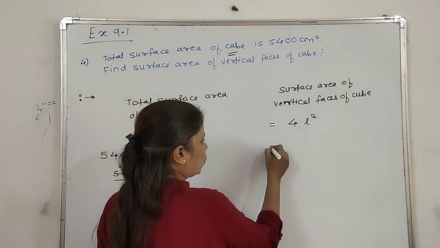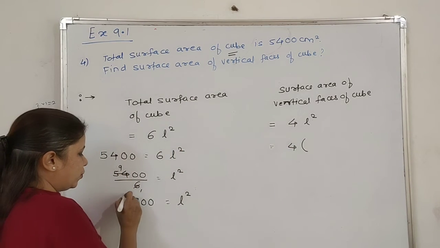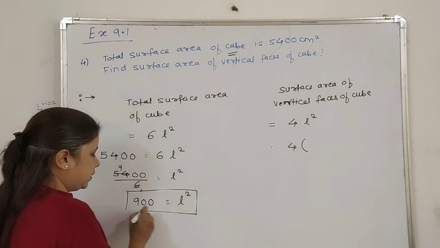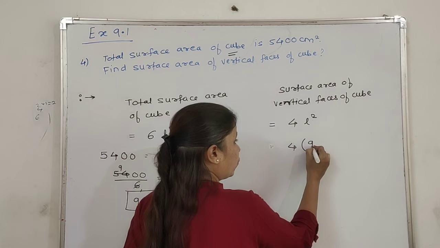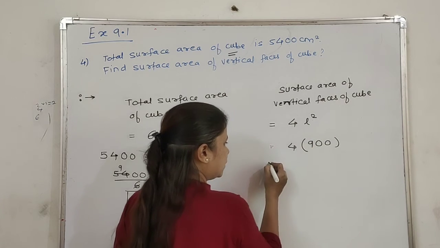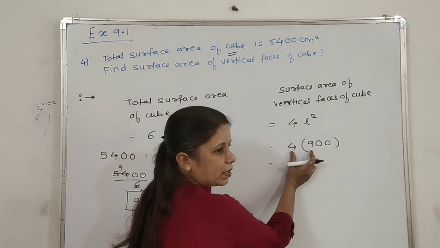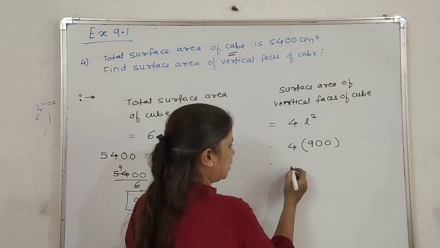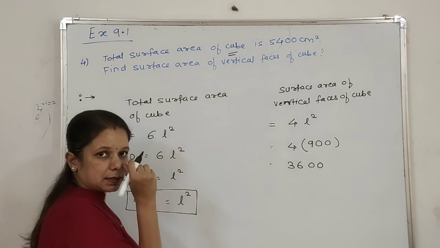So 4, calculation is very simple. L square value we have calculated it here. The value of L square is 900. So 4 into 900. Now just see the calculation part. You will only have to multiply 4 into 9 and the 2 zeros as it is.